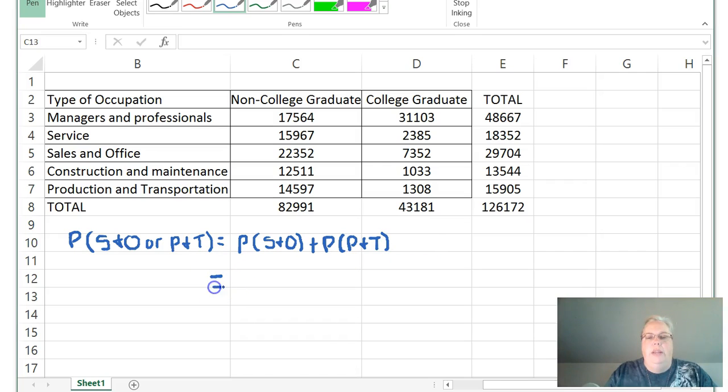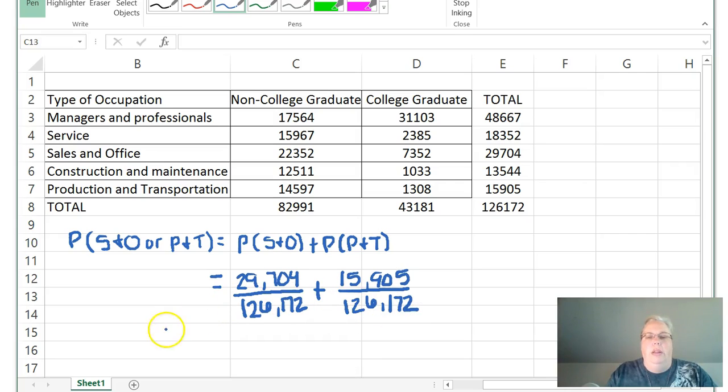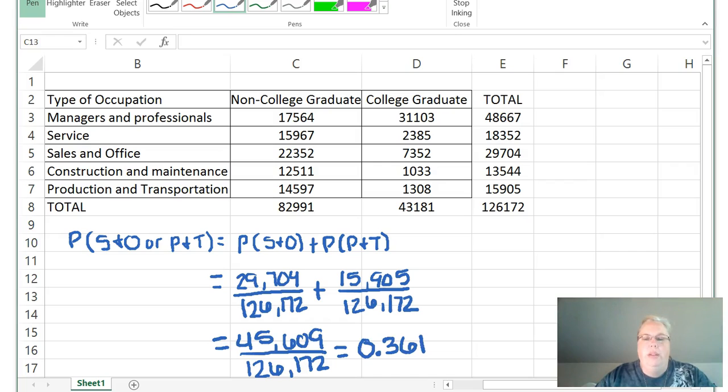Alright, so the probability of sales and office is going to be all of our sales and office people, and they are right here, 29,704, out of everybody in the sample, 126,172, plus all of our production and transportation people, they're right here, 15,905, divided by everybody in our sample, 126,172, and that will give us 45,609 over 126,172.